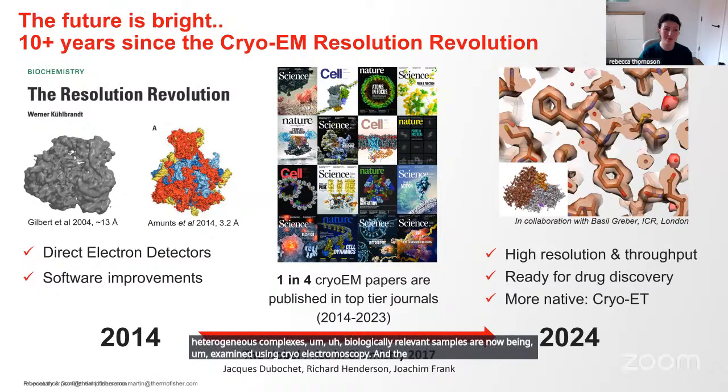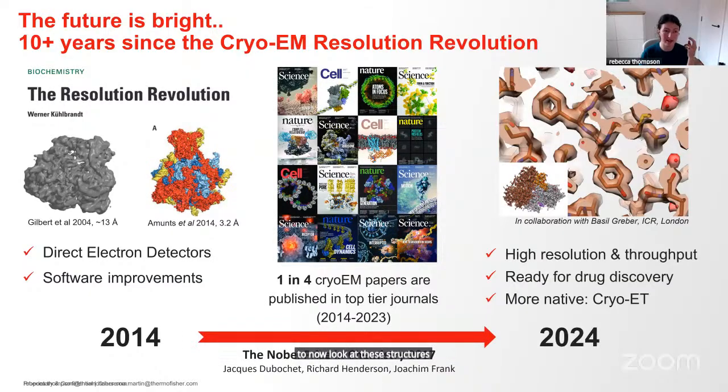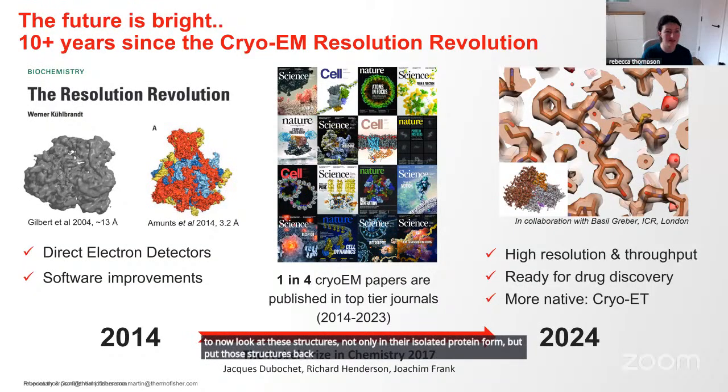And the next frontier, which I mentioned right at the beginning, is I think we now have a potential as structural biologists to look at these structures not only in their isolated protein form, but put those structures back into their native cellular environment and really understand how they're functioning there. And I think this is a very exciting next frontier for protein science.